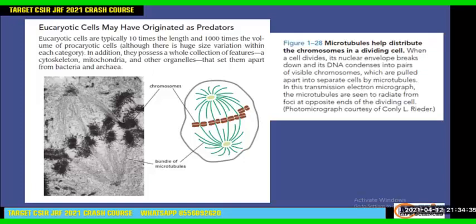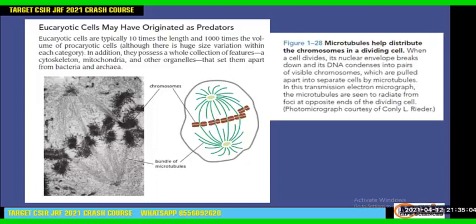Because there is a lot of similarity with the bacterial cell, mitochondria are there, photosynthetic cells are there, right? So that's why this seems to be right. Do you agree with this? Eukaryotic cells may have originated as predators.